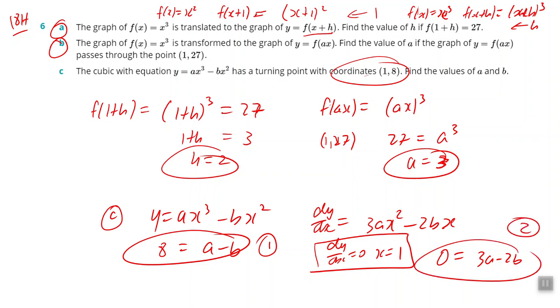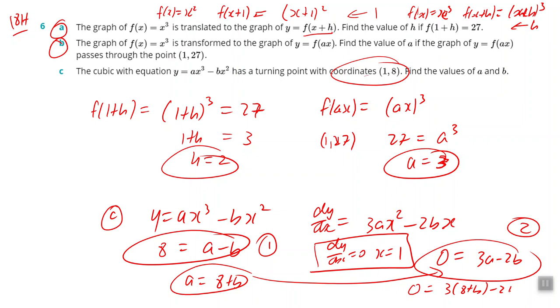So solving this, I can rearrange to make a the subject, so a = 8 + b. Okay, sub it into here. So we've got 3(8 + b) − 2b = 0, let's solve it.